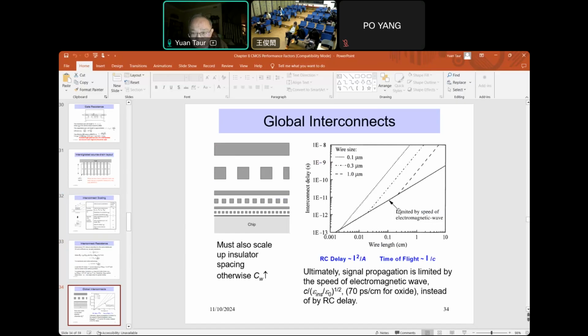So for example, if the intercept is here, for that wire, if you use even larger than 1 micron size, you still have the same delay due to the propagation of EM wave. And that, of course, is a universal number, 70 picosecond per centimeter. The permittivity will slow down a little bit compared with vacuum.